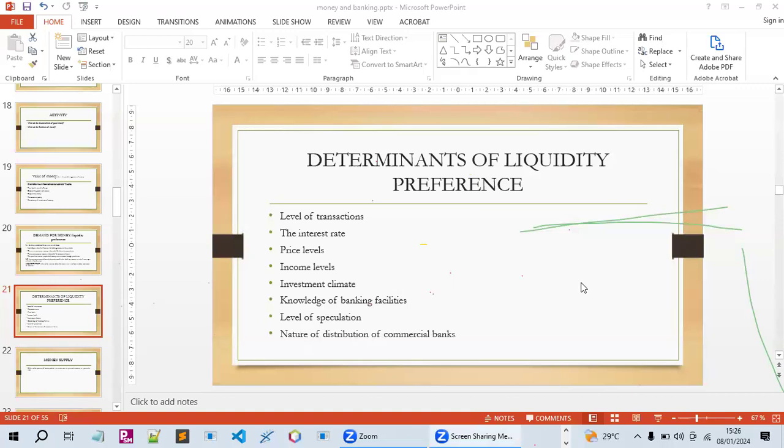Here again, it's the nature of distribution of commercial banks. If there is an even distribution of commercial banks, it leads to low liquidity preference because people know how to use the banks. When there is an even distribution of commercial banks in the society, people have knowledge about the facilities at the bank.